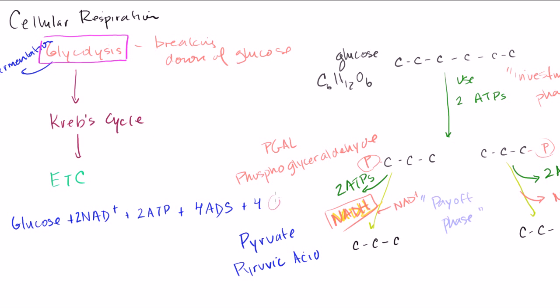And then once you perform glycolysis, you have 2 pyruvates. You have 2 NADHs. The NAD has been reduced.